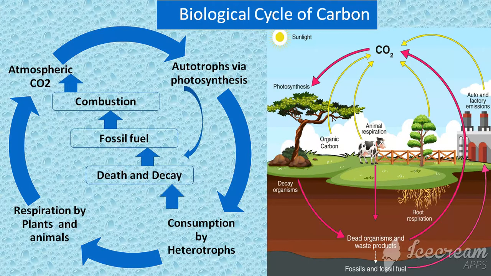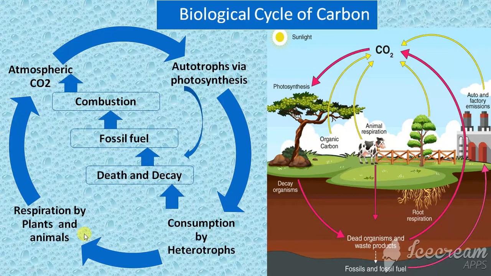First, we discuss the biological cycle, which starts from autotrophs. They consume atmospheric carbon dioxide and convert it into organic food through the photosynthesis process. And this reaction, as we all know very well, is 6CO2 plus 6H2O, in the presence of sunlight, forming C6H12O6 plus 6O2. This organic food is passed on when it is consumed by heterotrophs, that is consumers, like us, plants and animals.